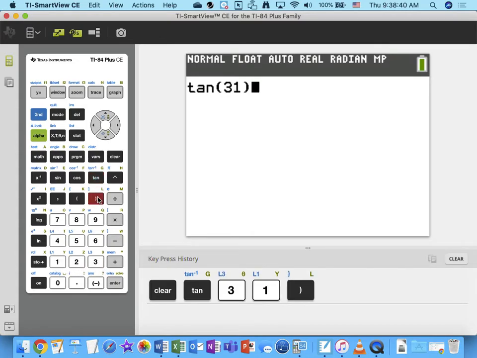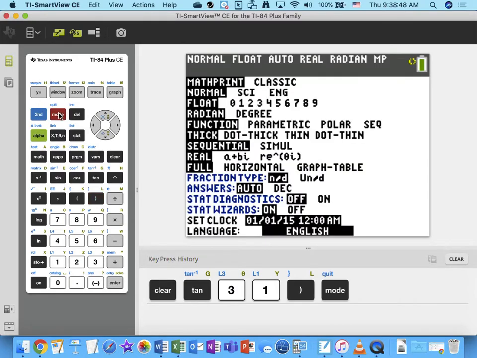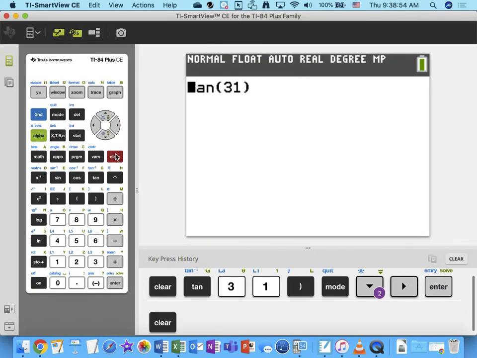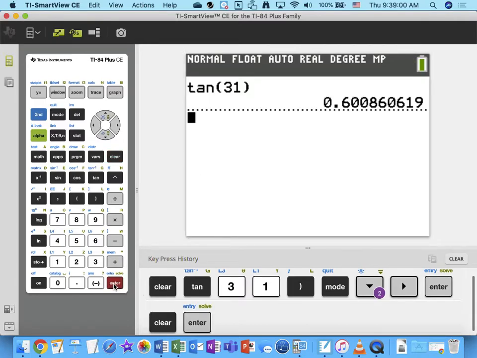If you have brackets, close the bracket. If you don't have brackets, that's fine. And hit enter. Oh wait, I never checked that I was in the right mode. I'm in radians. Okay, let's go back. There we go. Tan of 31 degrees, I'm gonna hit enter. What do you see?